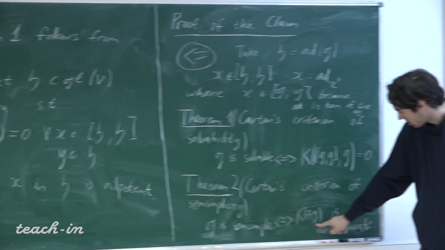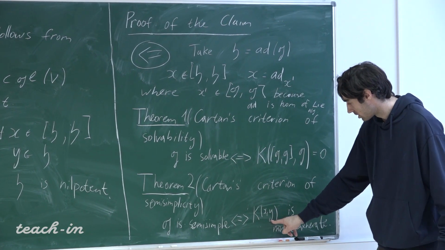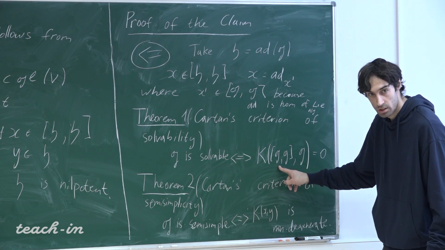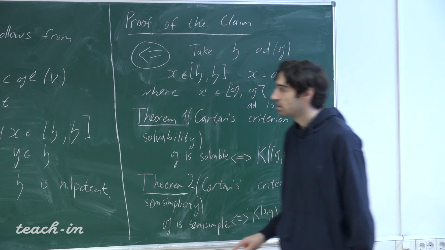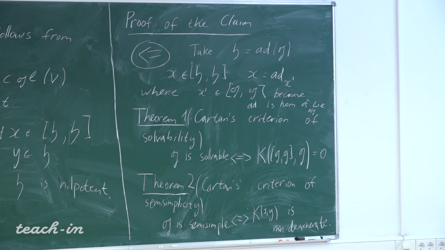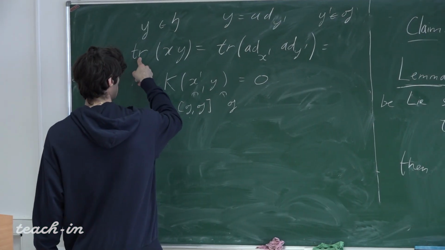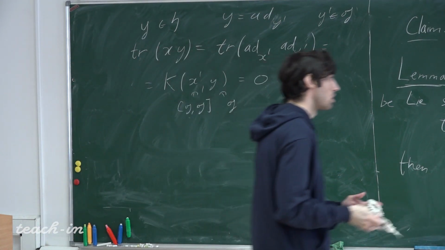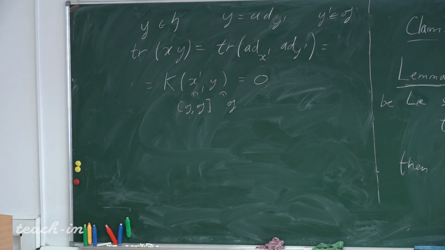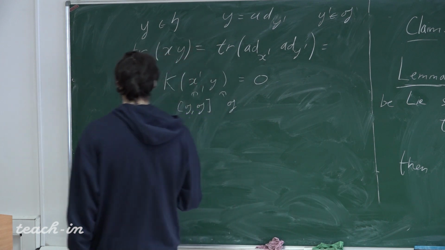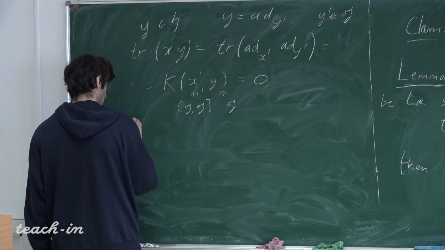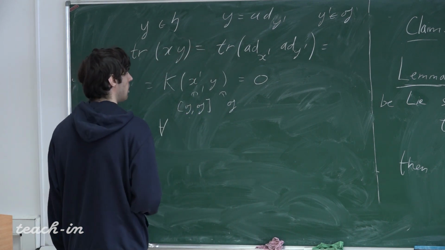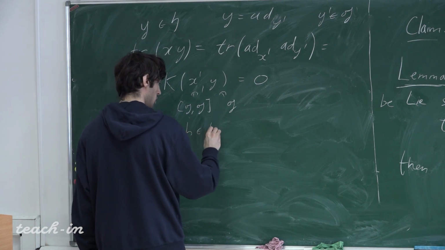So we are proving this direction using the lemma. We assume that this is 0, so therefore this thing is 0. Therefore, this trace is 0. So our h satisfies the conditions of the lemma. Therefore, every element of h is nilpotent.